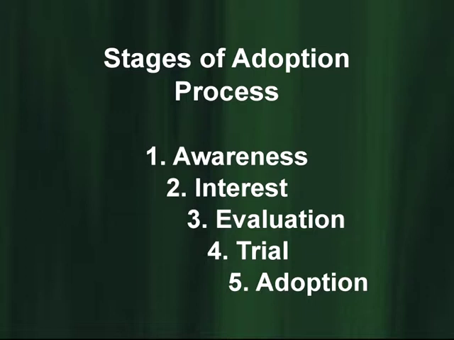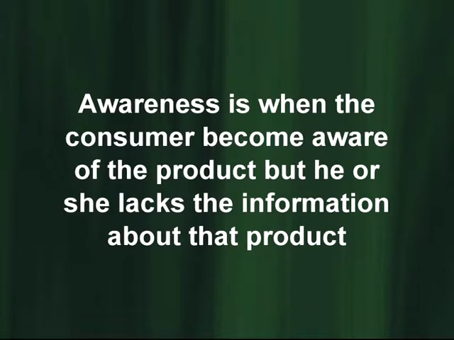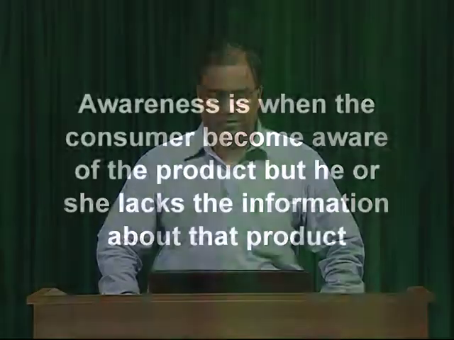First, awareness. Second, interest. Third, evaluation. Fourth, trial. And finally, adoption. Awareness is when the consumer becomes aware of the product, but he or she lacks information about that product. Interest is when the customer is aware of the product and tries to collect information about that product.